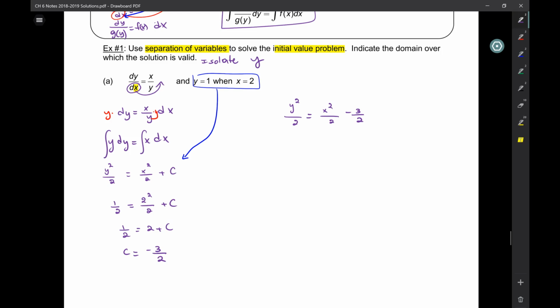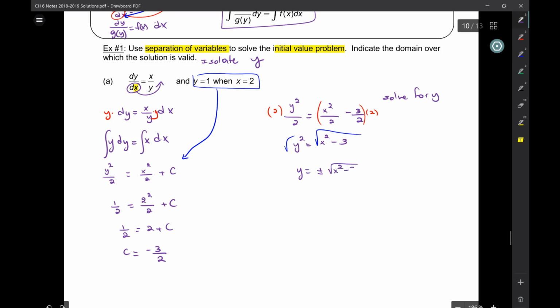Y squared over 2 equals x squared over 2 minus 3 over 2. So now I need to solve for y. Multiply everything by 2. So y squared is equal to x squared minus 3. Take a square root. Now we have y is what? Plus or minus the square root of x squared minus 3.